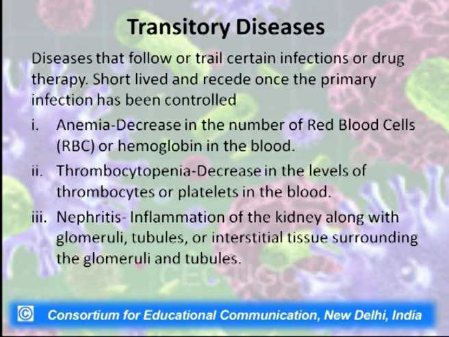Then thrombocytopenia, a decrease in the level of thrombocytes or platelets in the blood. Nephritis occurs because of inflammation of the kidney along with glomeruli, tubules or interstitial tissues surrounding the glomeruli and tubules. I hope you have understood the various types of autoimmune disorders.